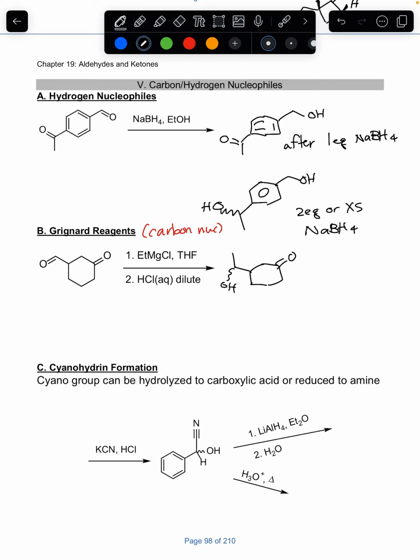And of course, the aldehyde carbon is flat, so that ethyl Grignard could add from either the top or the bottom face. So I'm drawing the racemic bond there, and I want you to notice that's the new bond we just formed. Okay, this is with one equivalent of ethyl magnesium chloride.